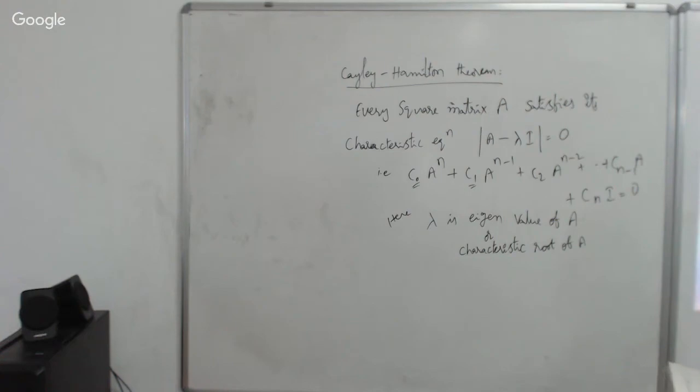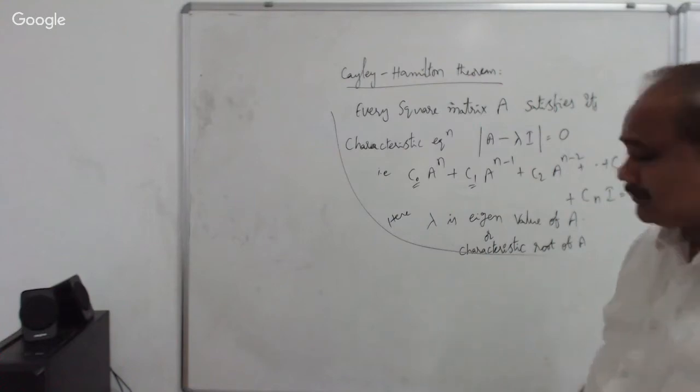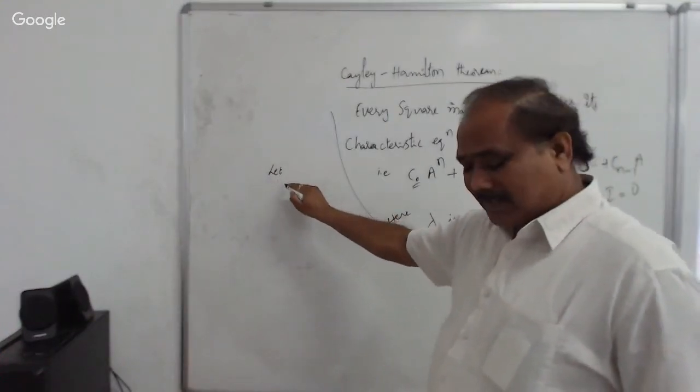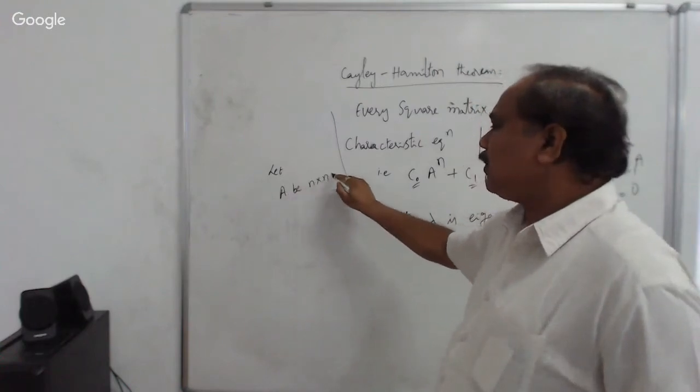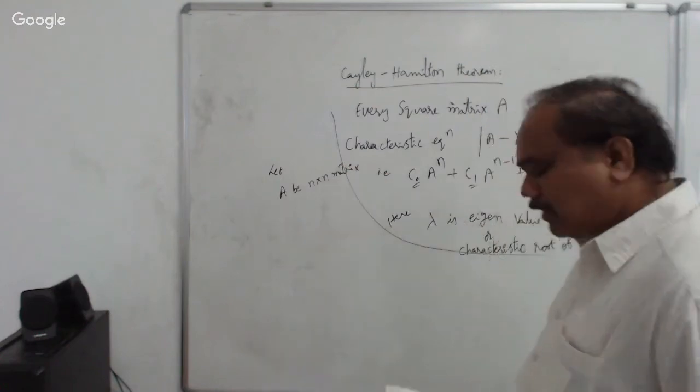Eigenvalues, that is, you are asking the definition of eigenvalue. Actually, here the statement of the theorem is: let A be an n by n square matrix.